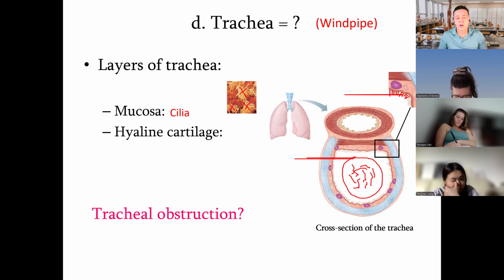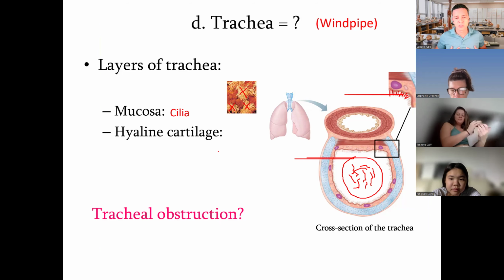In fact, this is one of your critical thinking questions for the final exam. What happens if the cilia is destroyed? If the cilia is destroyed, that individual is going to have more lower tract respiratory infection. Why? Because now the mucus with the trapped dirt and pathogens will go down inside of the lungs, causing lower tract respiratory infection.